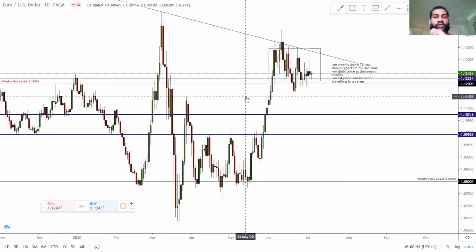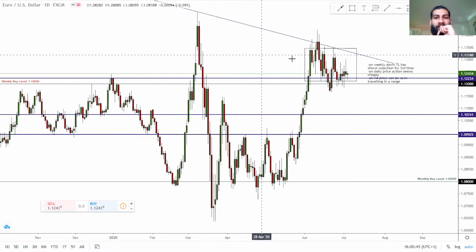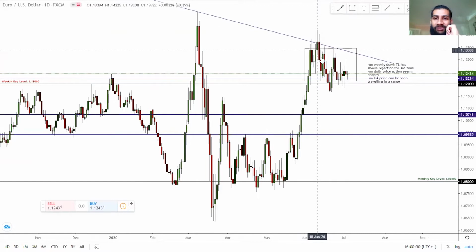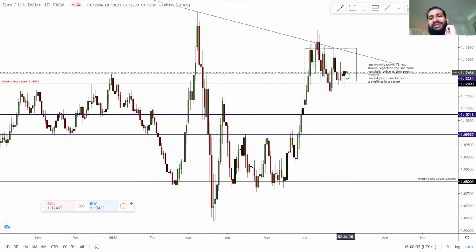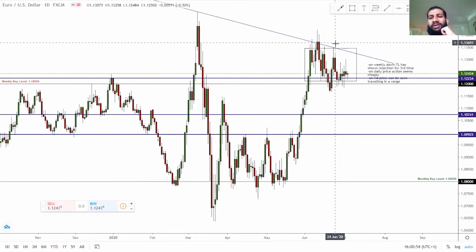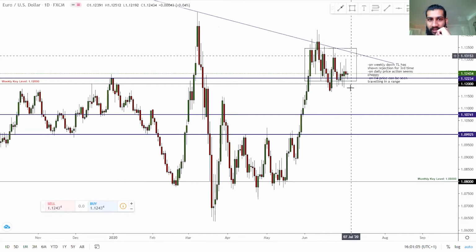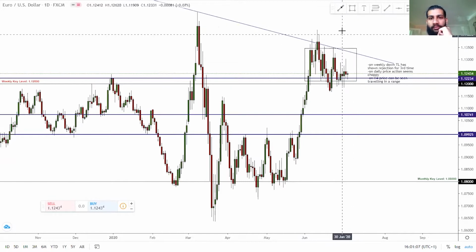Euro USD. Interesting. On the weekly, it's made a third touch of the trend line over here. And since then, it's also been ranging, right? Very choppy at least. But you can say, it's traveling within this range. I'm just going to see how this one's going to play out. If it was to break above this, then that's a sure buy, right?